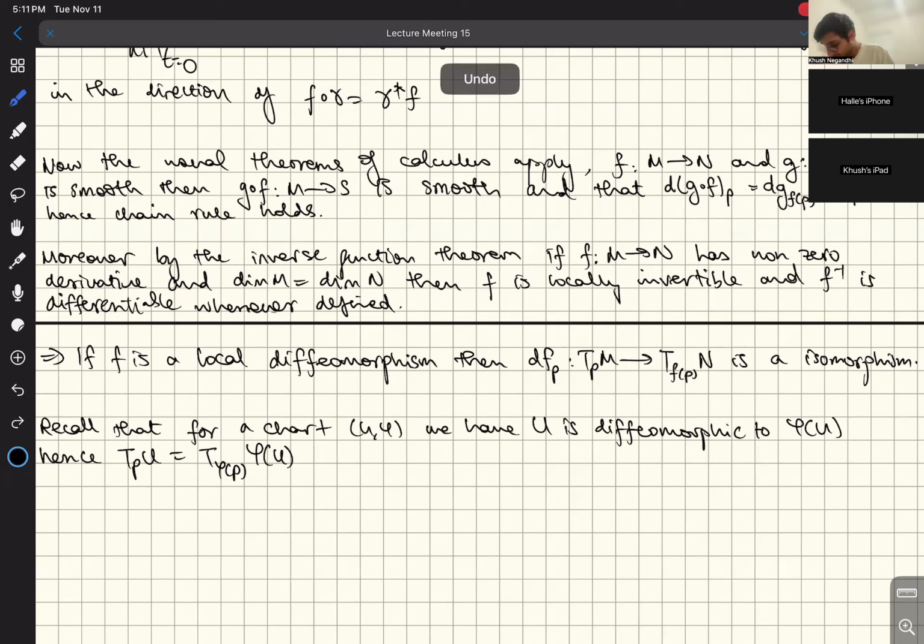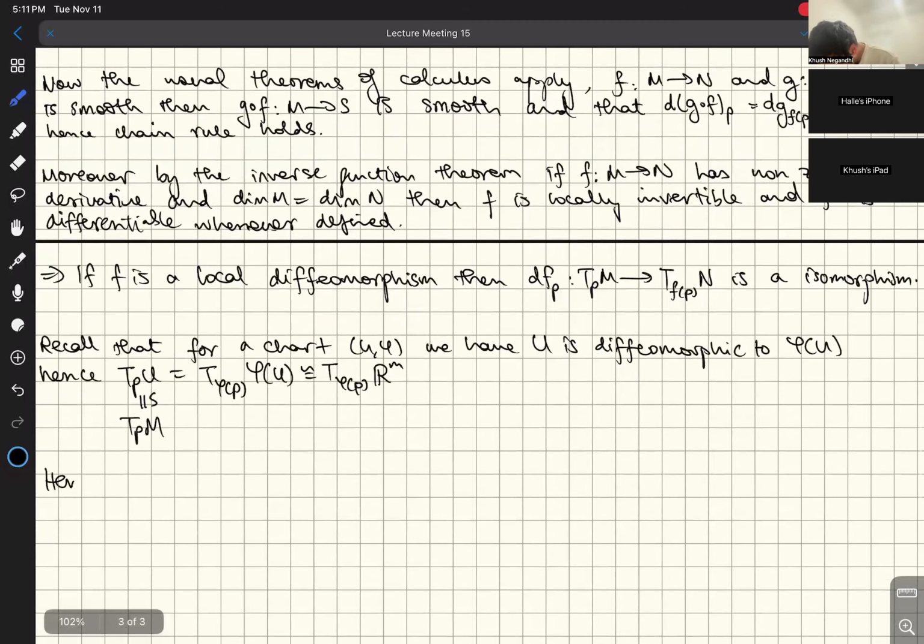So what this says is that this thing is isomorphic to just Rm, and this thing is isomorphic to the tangent space at M. But wait, this tells me, hence, that T_pM is isomorphic to T_phi(p) Rm.